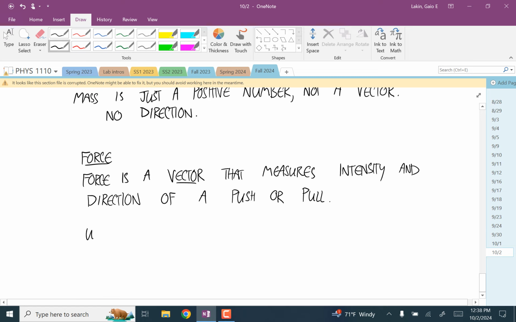The units of force are pretty messy. The units of force are units of mass times units of length divided by units of time squared.